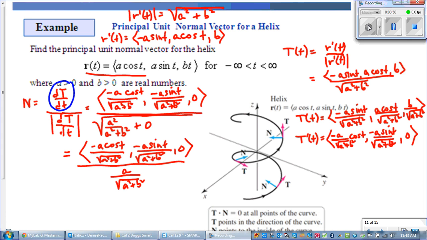Now take each component and divide by that, and you simply get minus cosine t, minus sine t, 0.